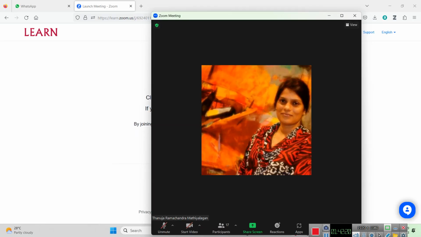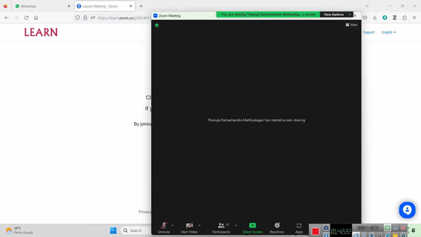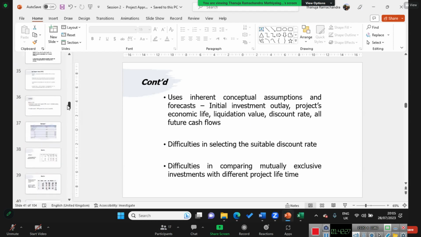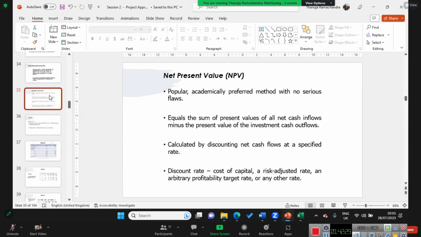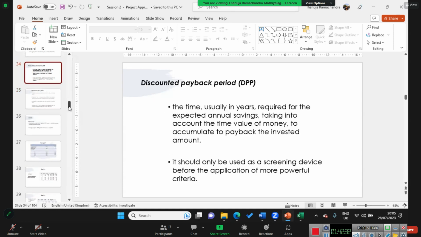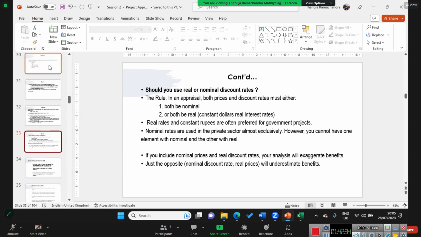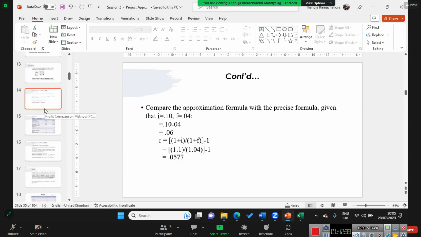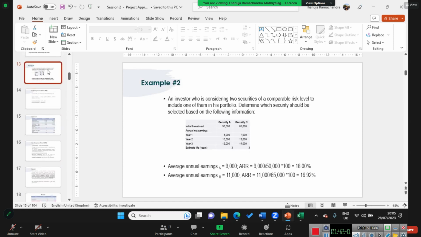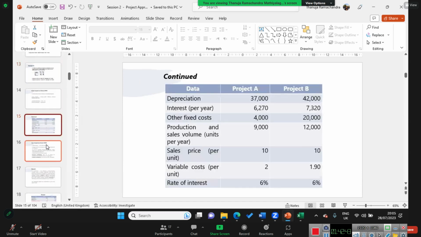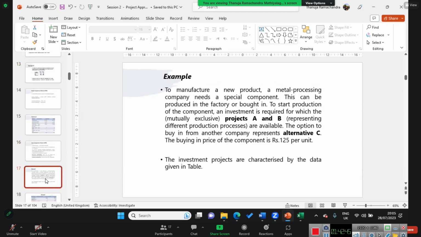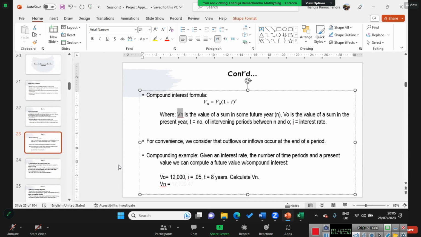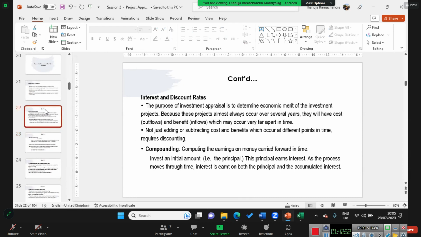Sorry, haven't I shared the screen? Here is the compound interest formula.